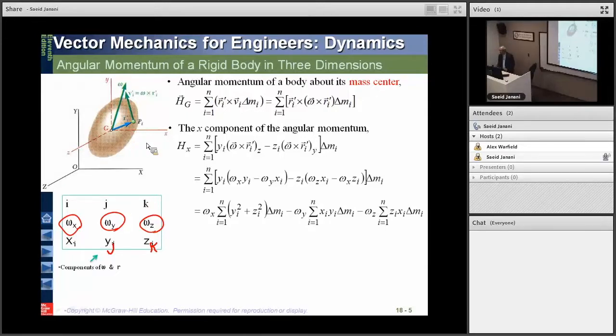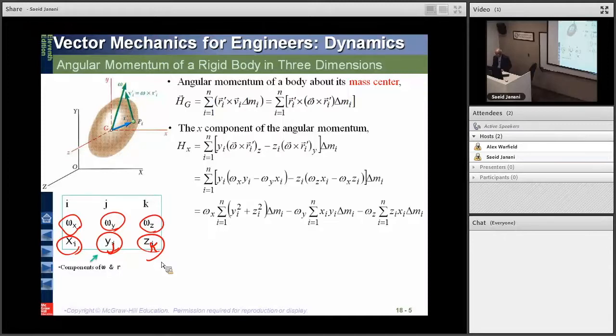Then the x component of angular momentum, h of x. If we put in the components, we assume that we have omega x, omega y, and omega z.